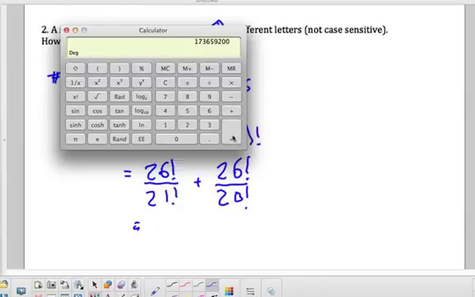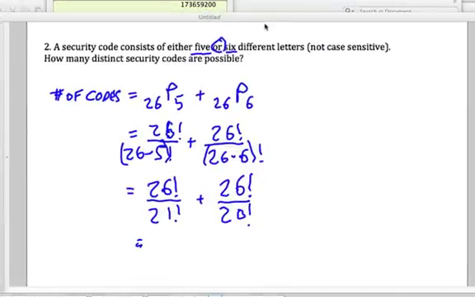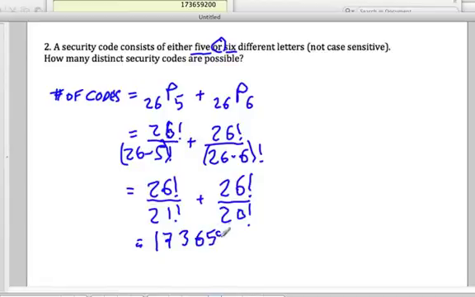And that comes out to be 165,765,600, so the total is 173,659,200. So that's the number of codes if you're going to use either 5 letters or 6 letters.